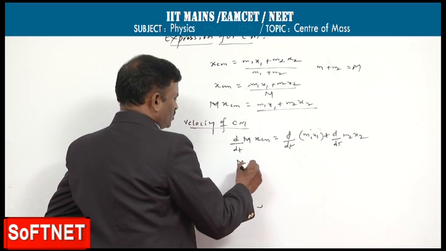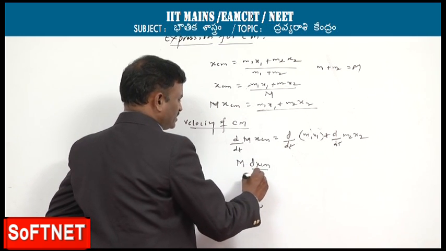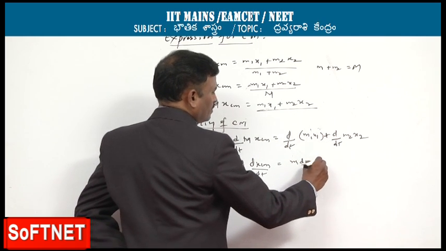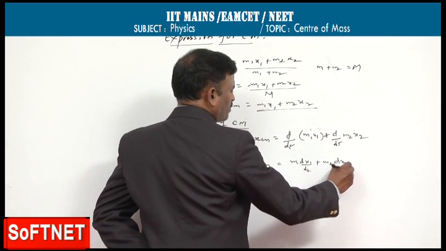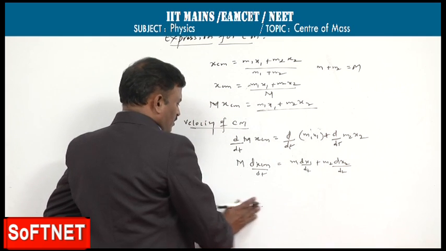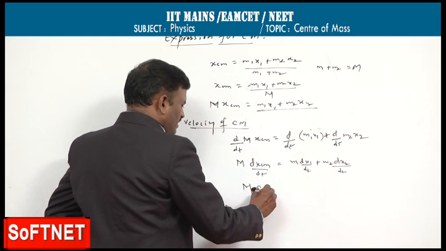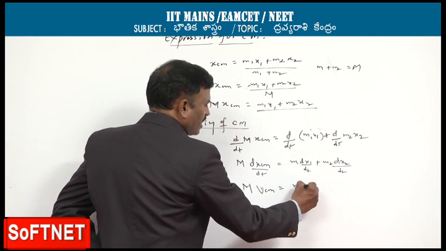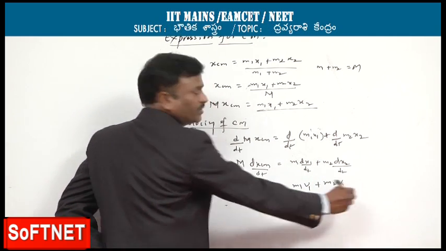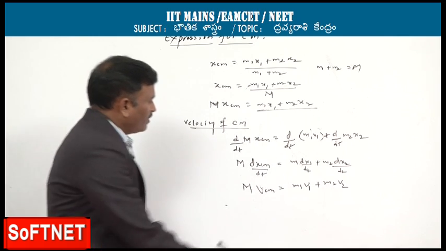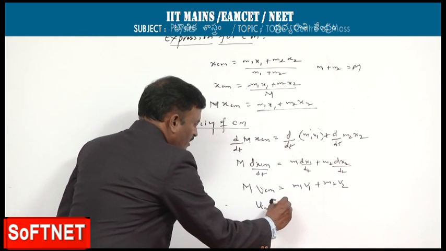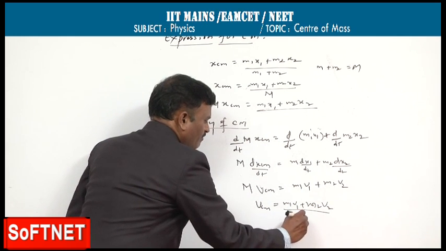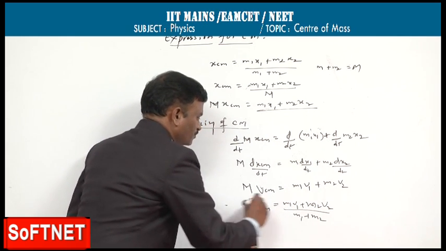Here M into dxcm by dt is equal to m1 dx1 by dt plus m2 dx2 by dt. M into vcm is equal to m1 v1 plus m2 v2. In such a manner, vcm will be m1 v1 plus m2 v2 by m1 plus m2.